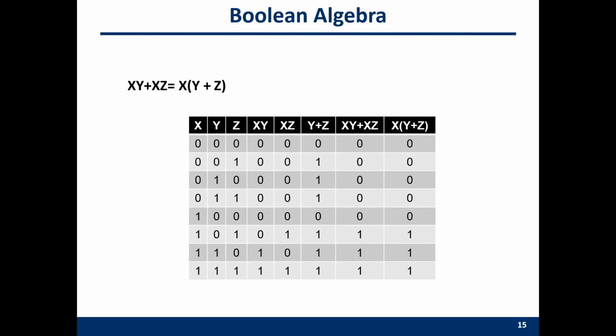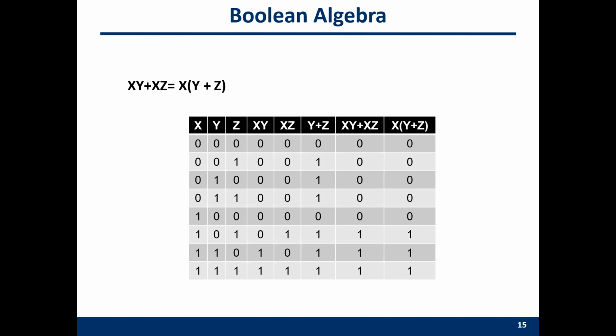Because we have a parenthesis symbol here, this part has higher priority. Then we just write y OR z here. This is the third intermediate variable.